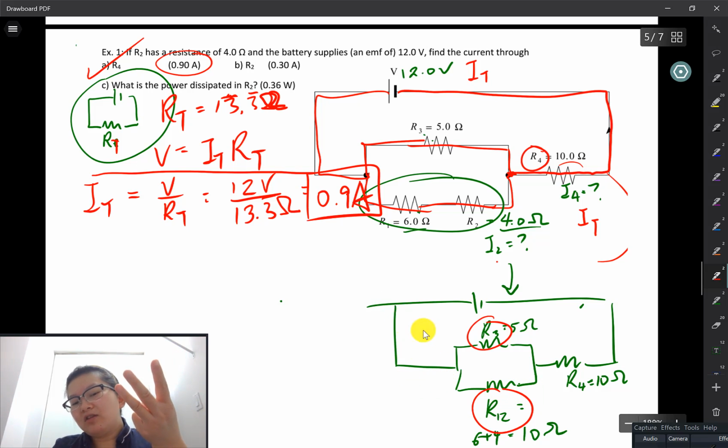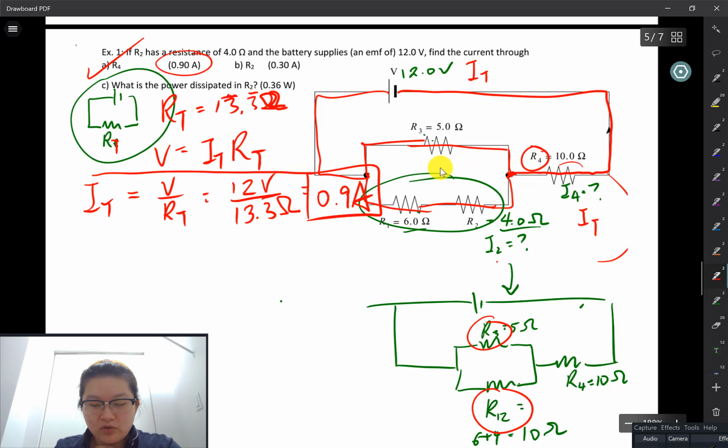So you probably need to know the potential difference across these resistors. And no, it is not going to be 12 volts because you also have this resistor over here. So that's probably our first step that we have to figure out: we need to find the potential difference across these resistors, since the potential difference will be the same across R3 and R2 plus R1 combined together.